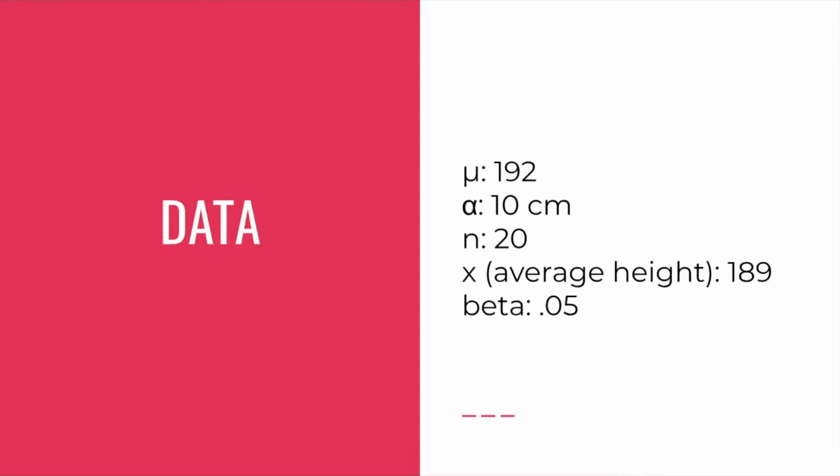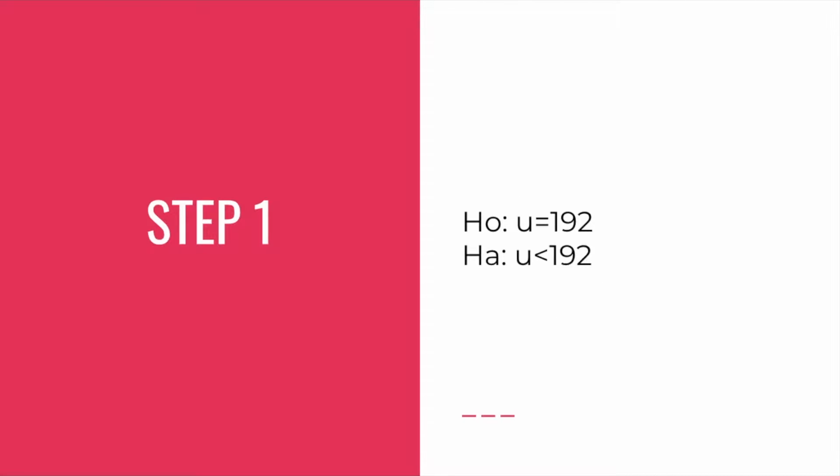So in here we have the data, which is mu equals 192, sigma 10, n 20, x, which is the average height, 189, and alpha is 0.05. So step number 1, we have the null hypothesis, mu equals 192, and the alternative hypothesis, mu less than 192.